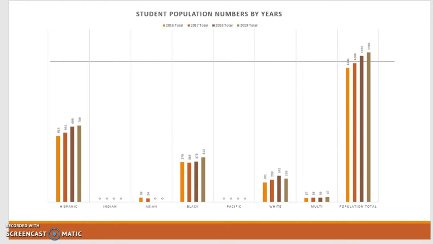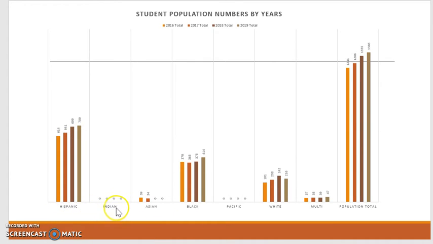This graph shows the population of Griffin Middle School as it has increased by the subgroups over the last 4 years. You can see the bar on the far left is 2016, followed by 2017, 2018, and 2019 currently. You can see that in the Hispanic population there has been a steady increase.